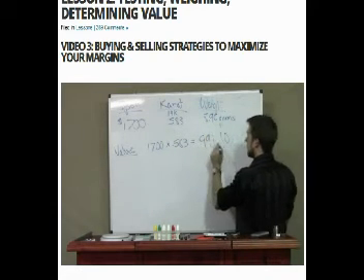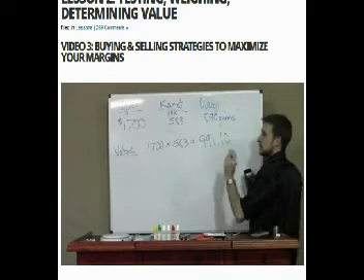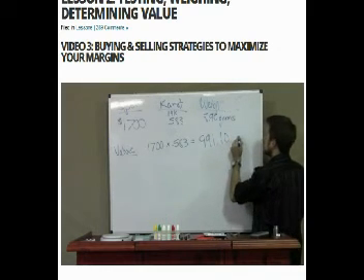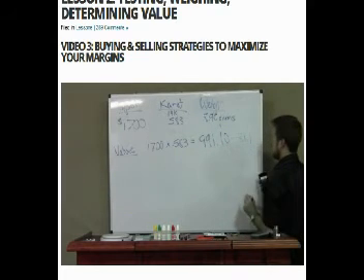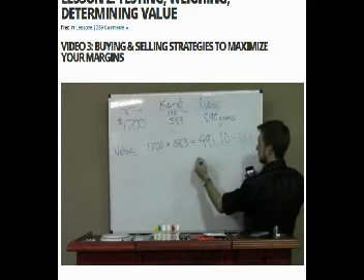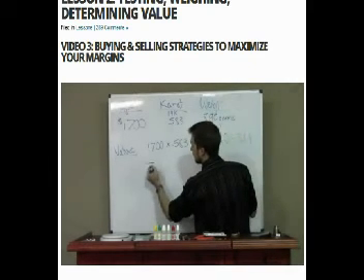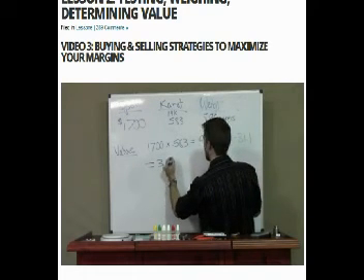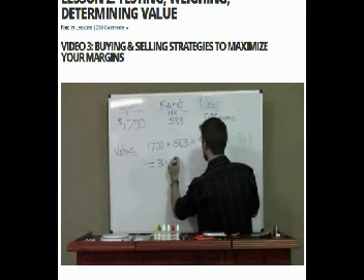So we're going to take this number, and like I said, there's 31.1 grams to an ounce. So we're going to divide this by 31.1. That equals 31.87.